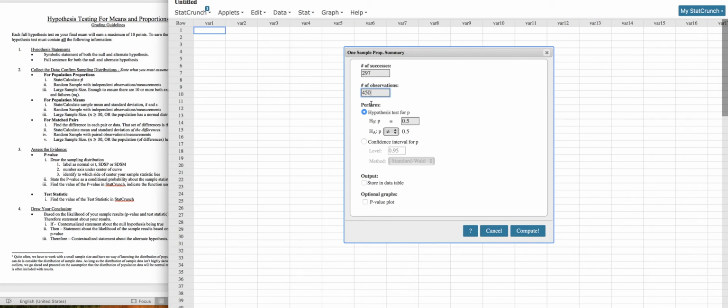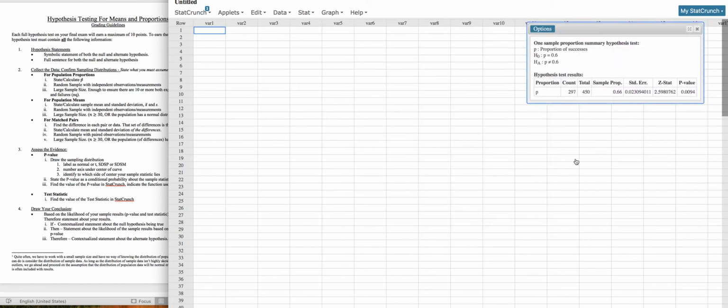We are performing a hypothesis test, so we're going to leave this choice chosen. Our null hypothesis says that p is equal to 0.6, and then our alternate says not equal, so we can leave that alone. You just click here and choose greater than or less than if that's appropriate, but this one is not equals.